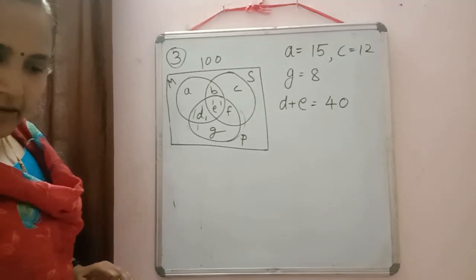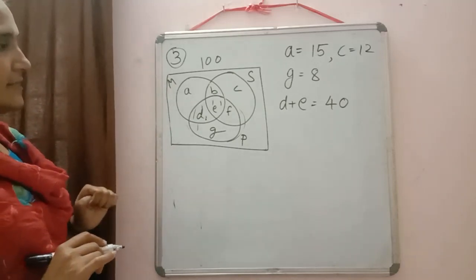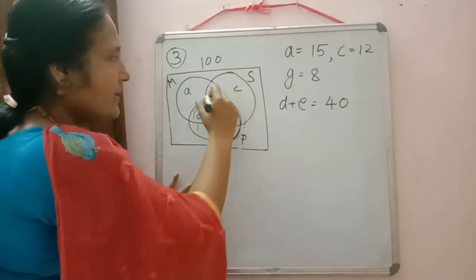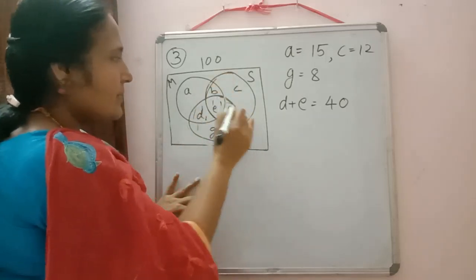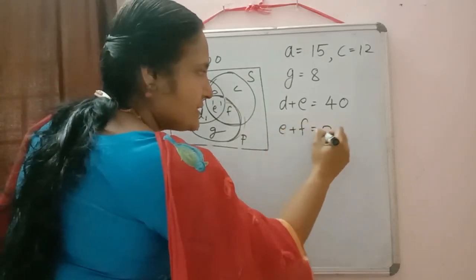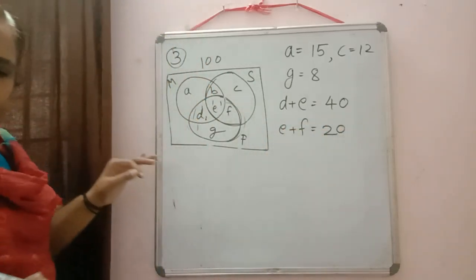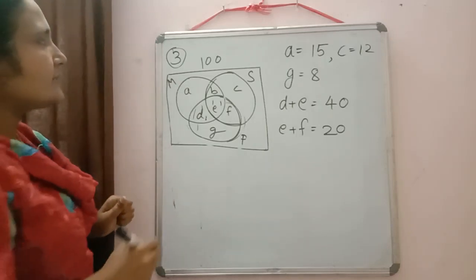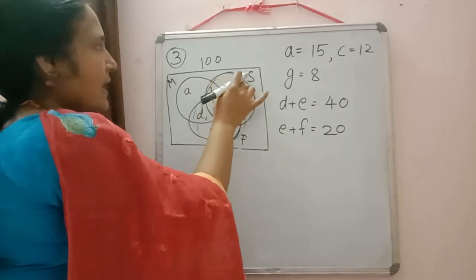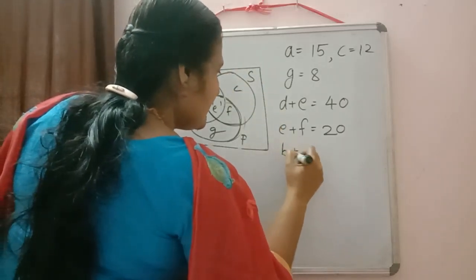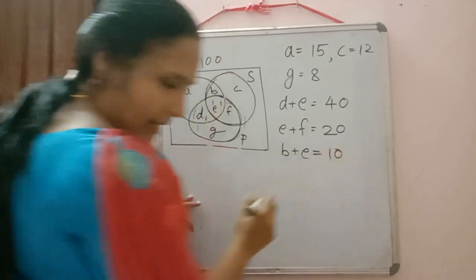20 offered physics and statistics. So the common region is E plus F. E plus F is equal to 20. 10 offered mathematics and statistics. So common is B plus E is equal to 10.